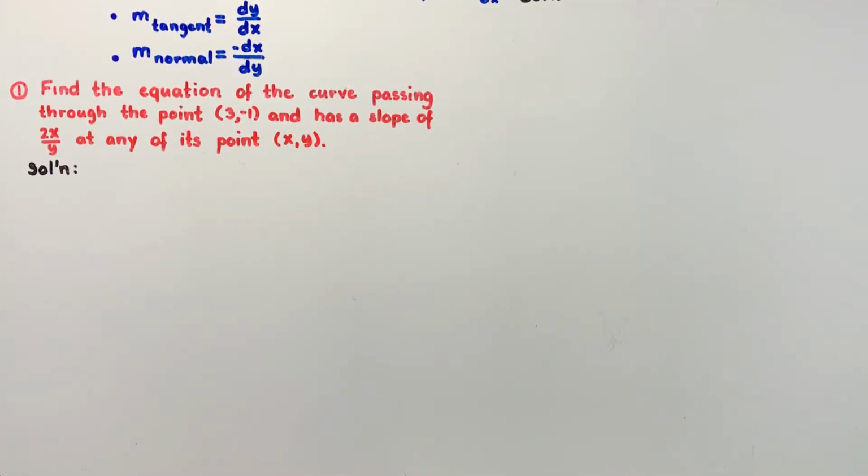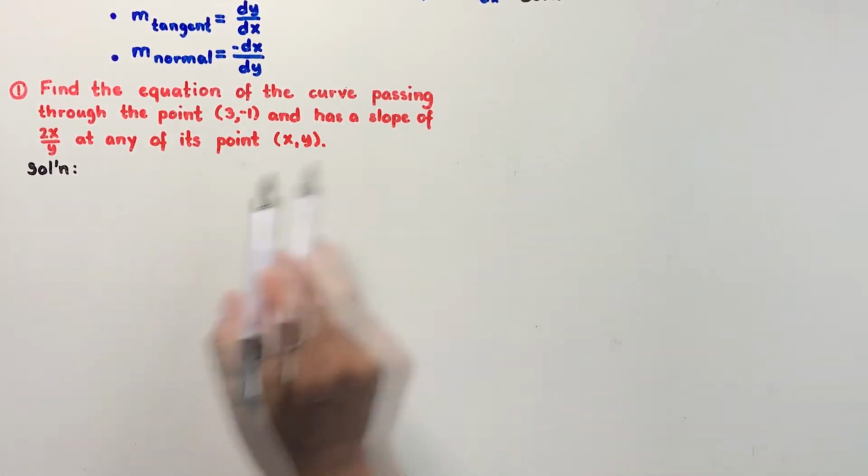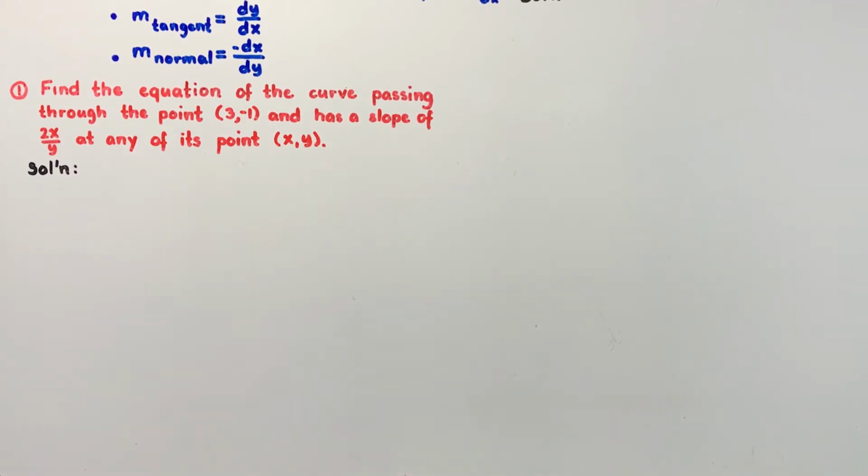Now let's proceed to our example number 1. Find the equation of the curve passing through the point (3, -1) and has a slope of 2x over y at any of its points (x, y).